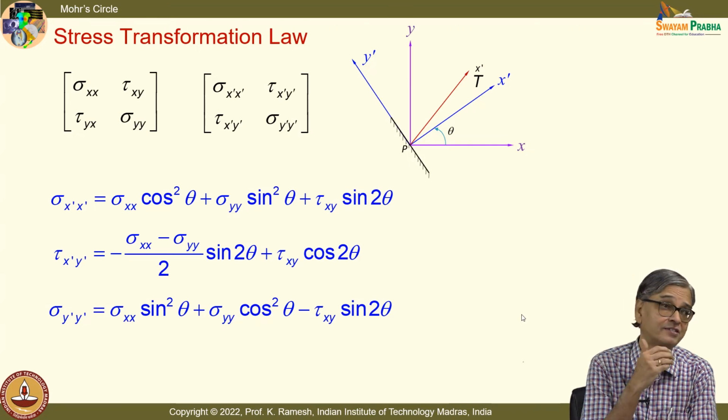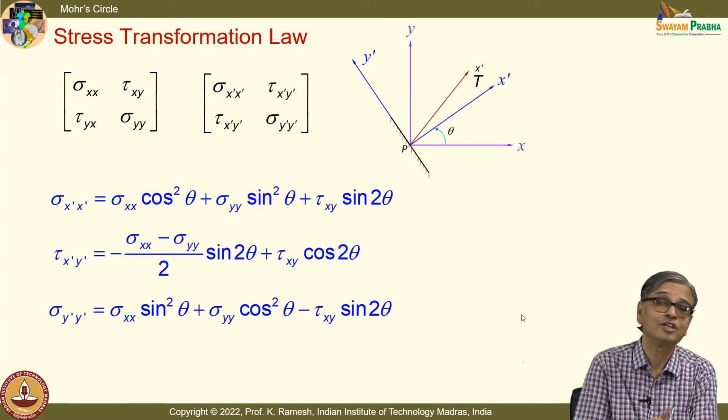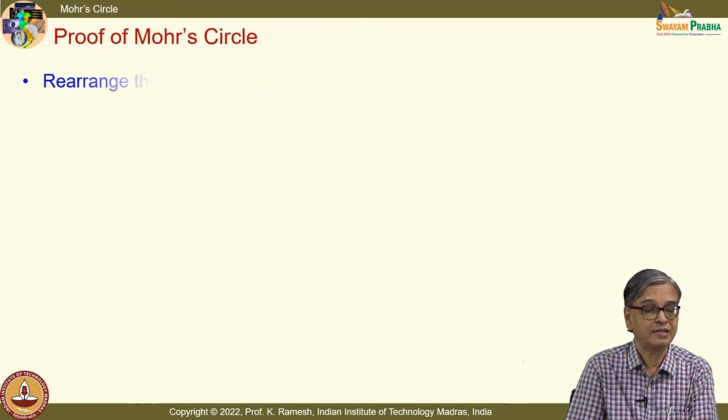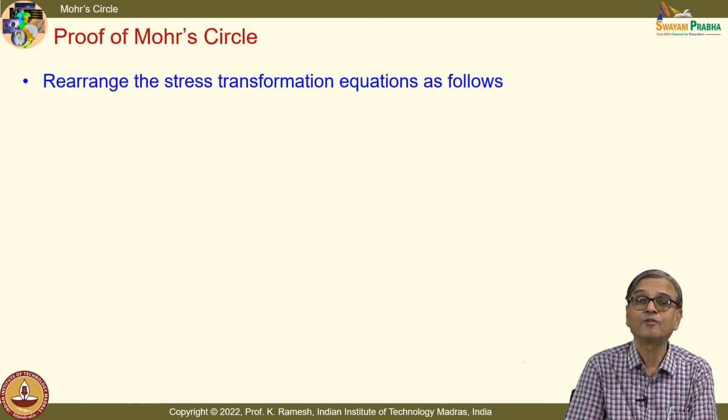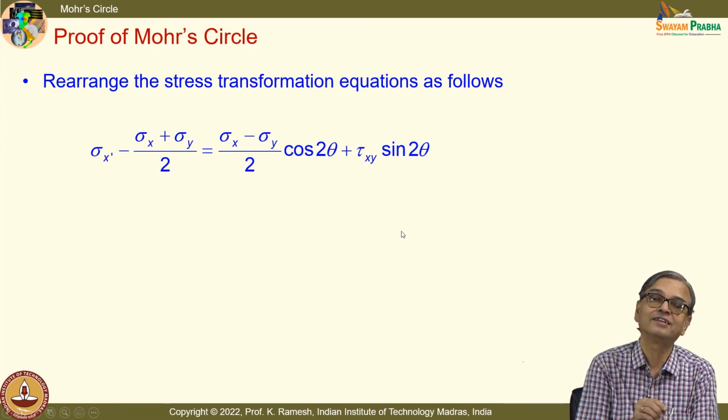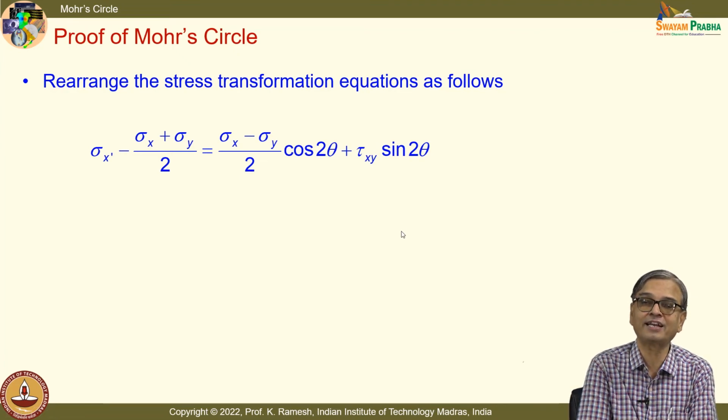Okay, so from the stress transformation, you do get a proof of why you get a circle. Okay, so this is a very intelligent way of recasting the same equation. You have to go back to your trigonometric identities and then play with this.